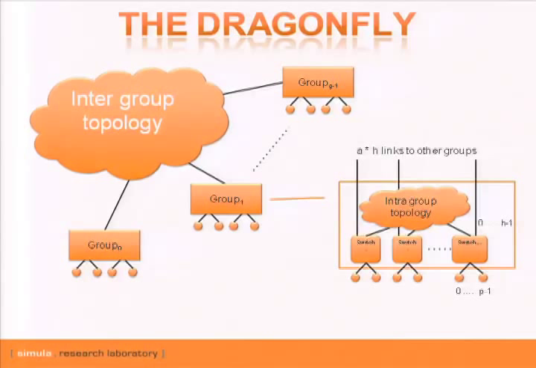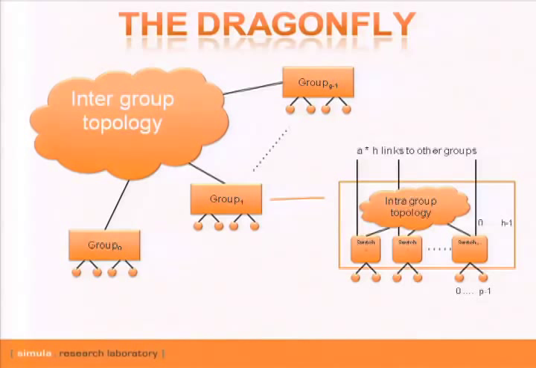According to the definition of the Dragonfly, each group consists of A switches, and each of the switches has P terminals connected to it, as well as H global links. Those global links are used for connecting the groups.